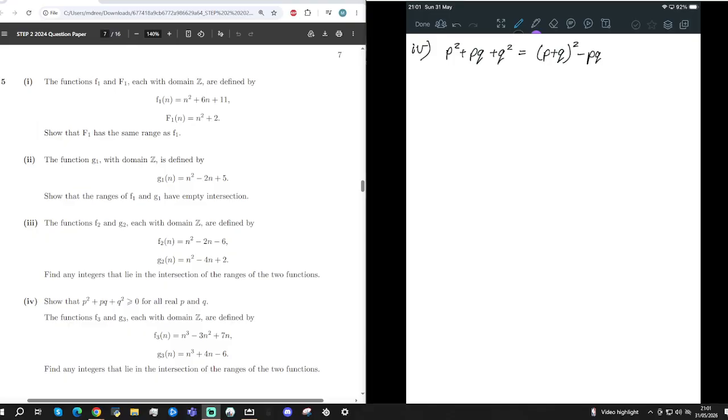Now this doesn't make me particularly pleased because, well, we've got a positive thing subtracting something, so that could end up being negative. So not maybe the best choice.